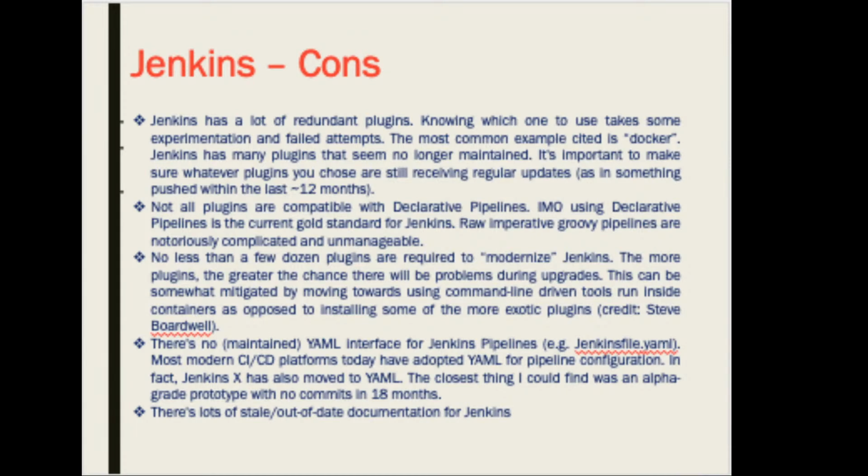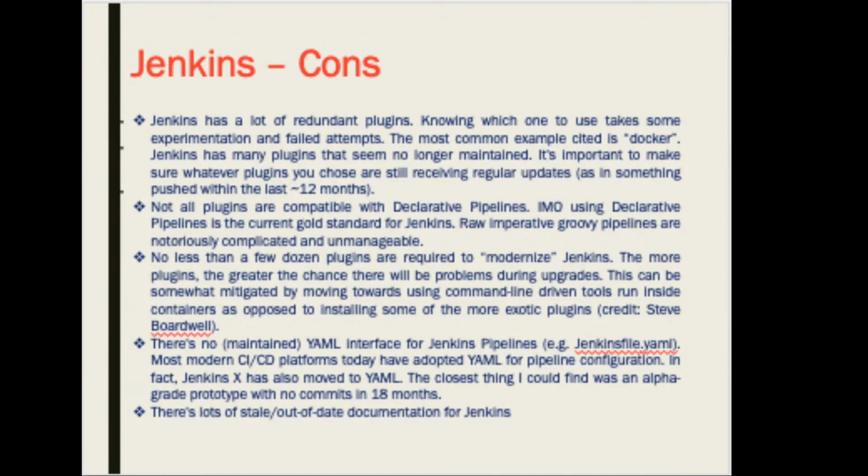Even though Jenkins has a lot of advantages, Jenkins somehow comes with its disadvantages too. Jenkins has a lot of redundant plugins. Knowing which one to use takes some time and some experimentation. Sometimes your experimentation might fail as well.